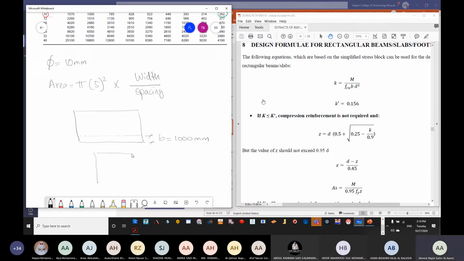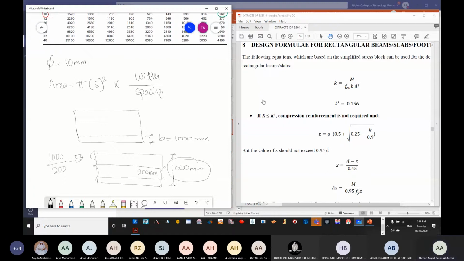If the spacing between two bars is, for example, 200 mm, then you will know the number of bars. The number of bars is equal to the distance, that is 1000, divided by the spacing between the bar and the bar. So in this particular length, we are going to have 5 bars.